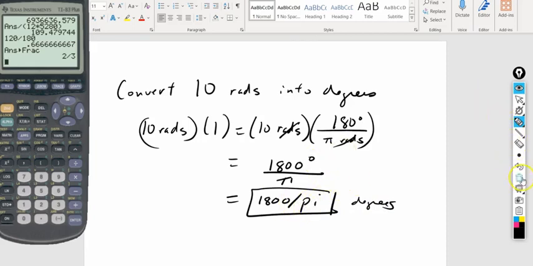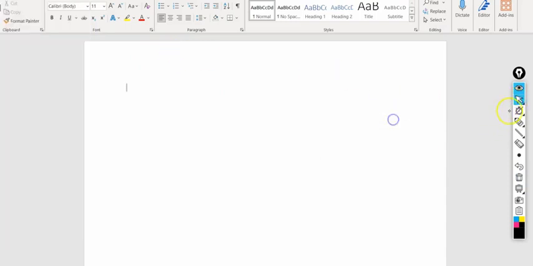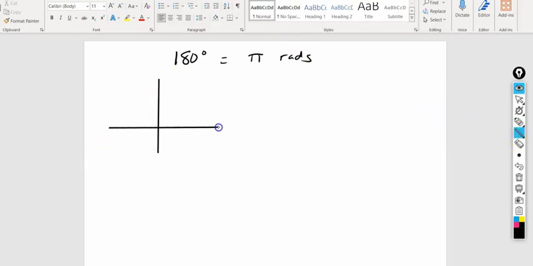Now, we had this, so we can get some common angles now in radians. So obviously, we know the flat angle is 180 degrees.